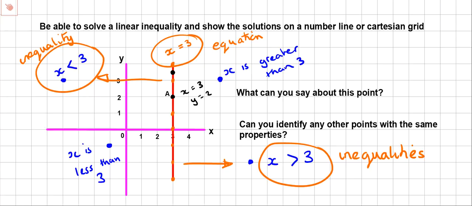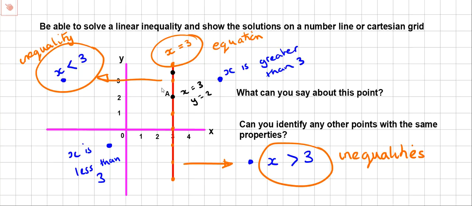So when we're talking about inequality, remember we've got particular individual values, which are the equality x equals 3. For this one we are only referring to x. We've not done anything about y. Y is irrelevant.